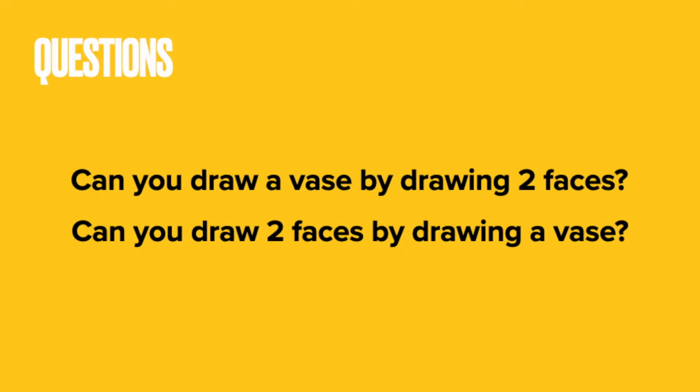Can you draw a vase? If you try to draw a vase but draw two faces, can you actually get a vase image at the end of your drawing? And the other way around, can you draw two faces by drawing a vase?